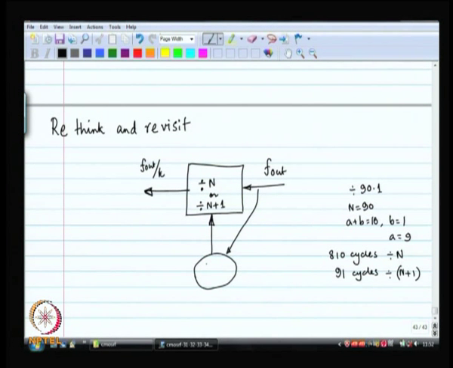So, this particular logic circuit is clocked by this, and there is a counter over here that is going to count till 901, right, and out of this 901, it is going to say 810 times, let us count by n, and 91 times, let us divide by n plus 1.